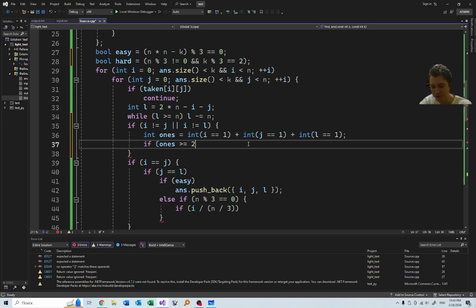If ones is true, this means that we have this strange case.